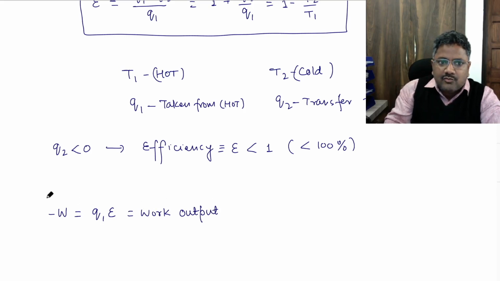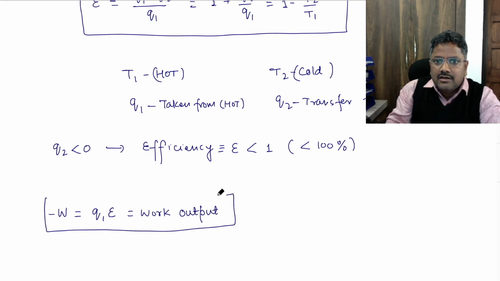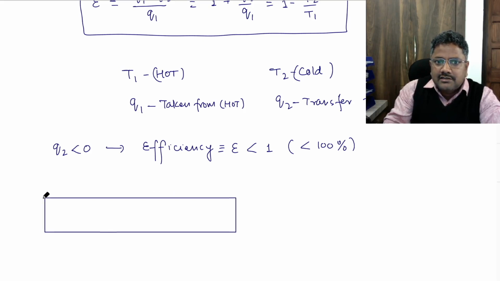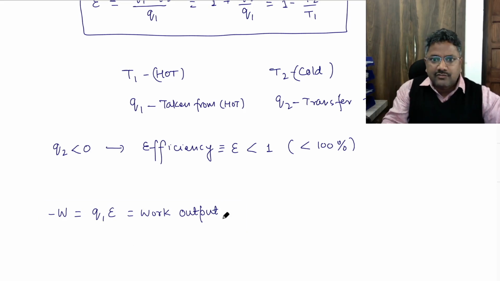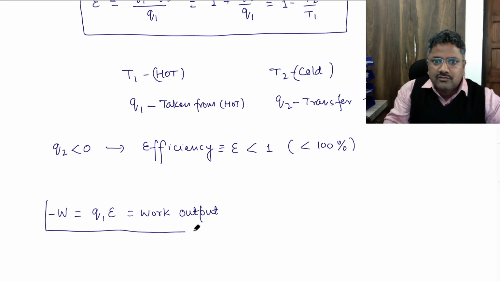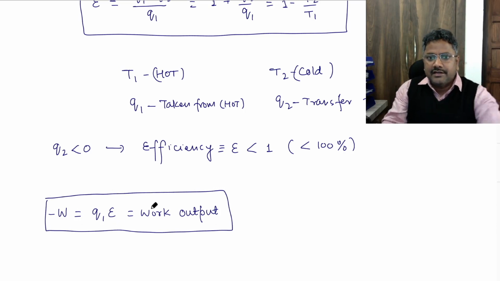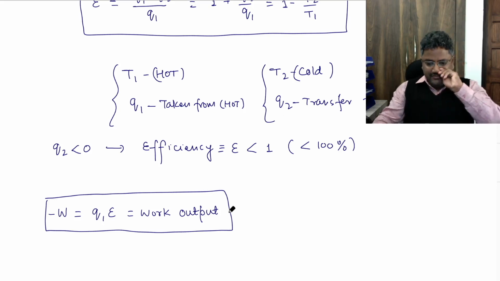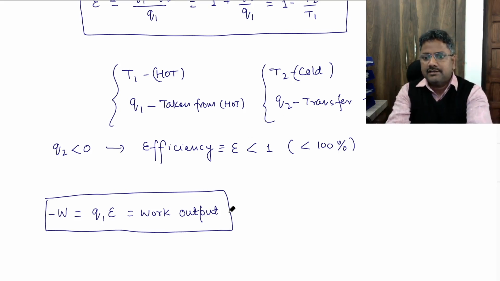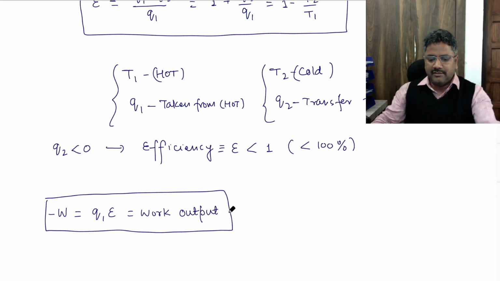So if it is asked what is the work output, and efficiency is given and heat taken from the hot reservoir is given, you can calculate the work output by using this formula, right?